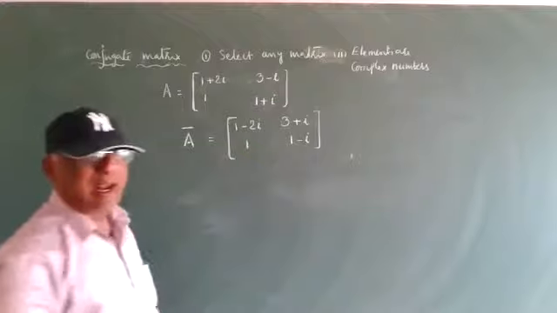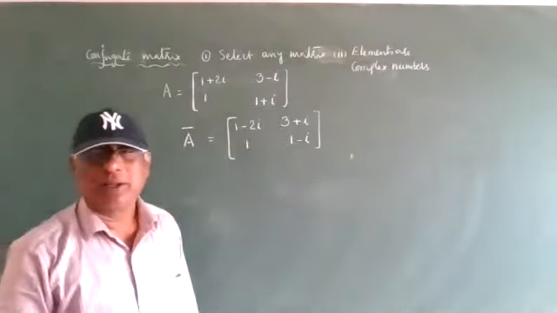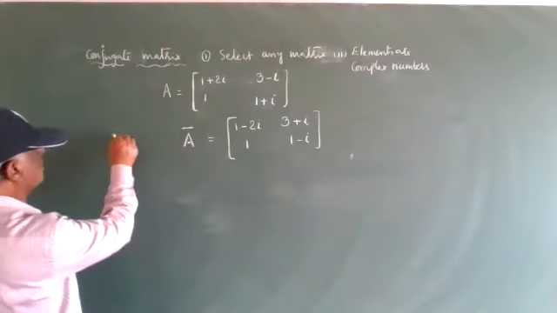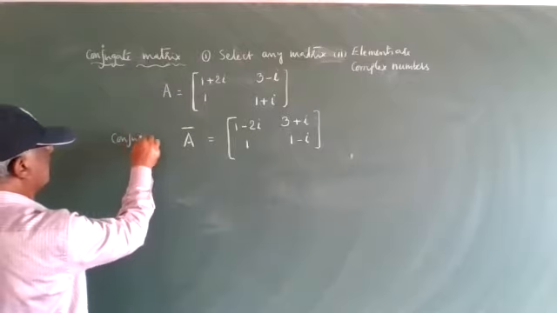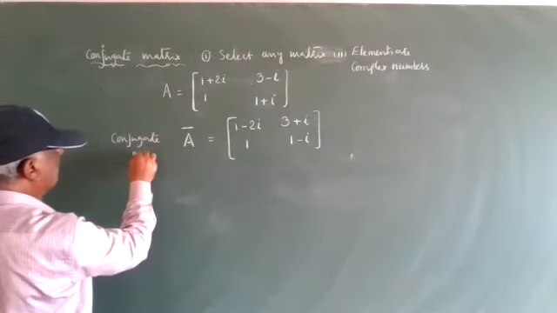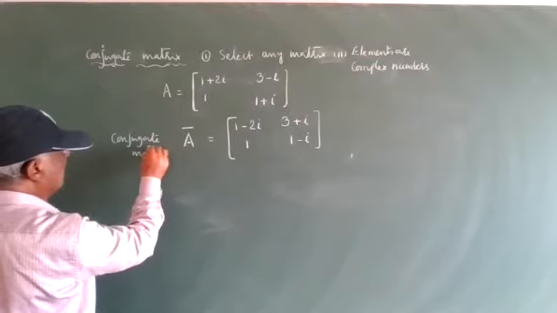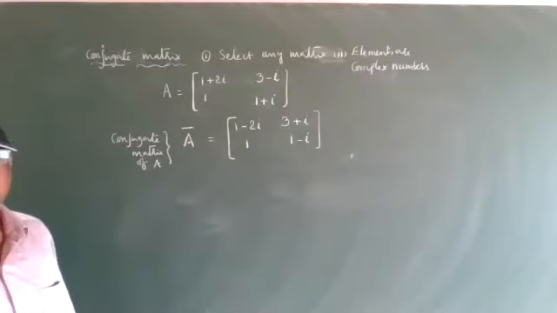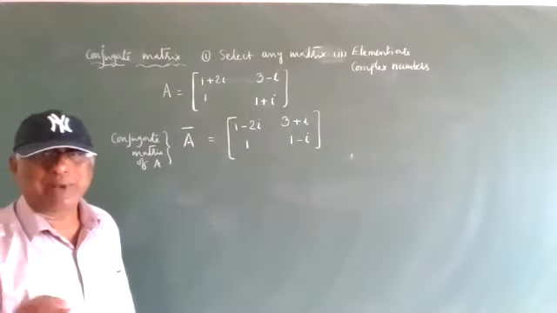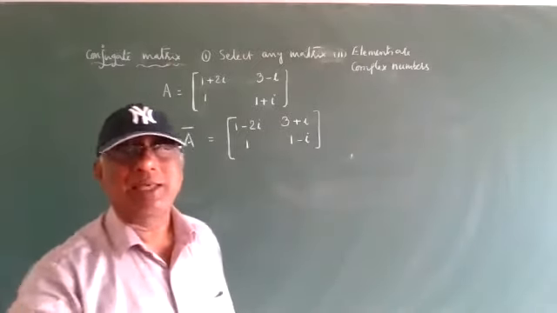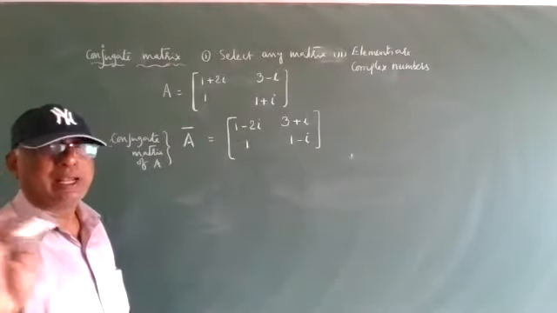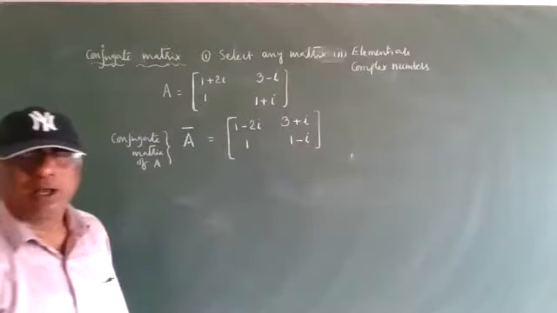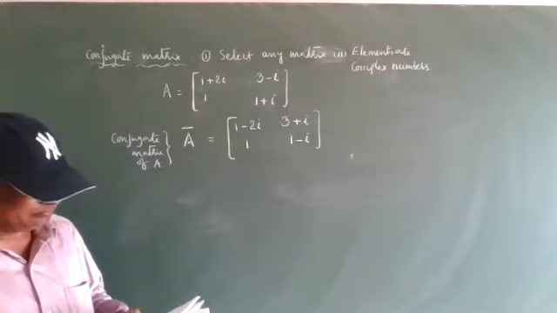Therefore, the conjugate matrix of A is represented by the symbol A bar. Real numbers never change, only complex numbers change. That is called the conjugate matrix.